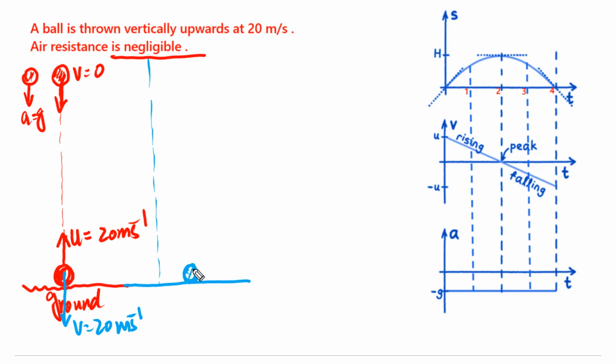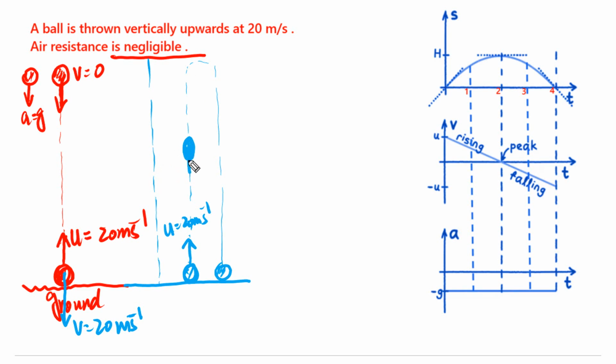Again we have this ball, but this time we will sketch it in a slightly different way so we can study more about the motion of this ball. As it is given to us, its initial velocity is u and that is equal to 20 meters per second. When the ball reaches this point, let's say this is any random point we just picked, and that is true for any point along this path.